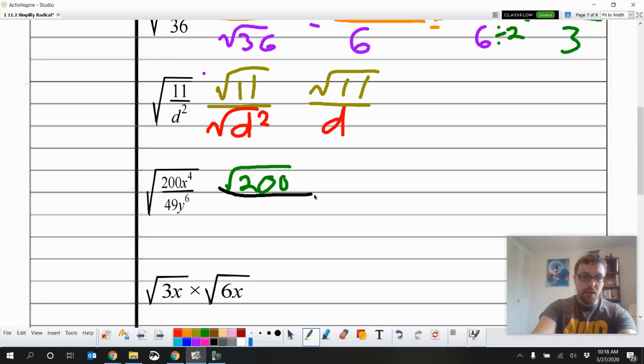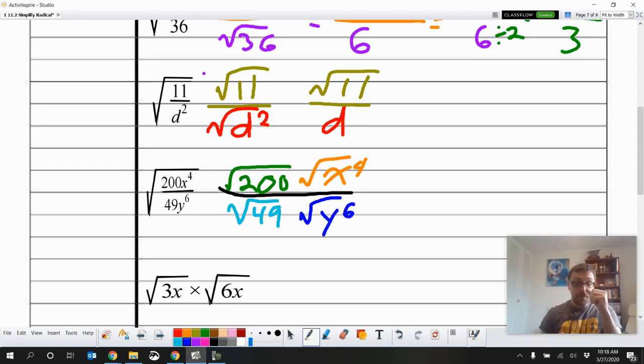I'm just trying to write it. So we've got those two in the numerator. And then in our denominator, we've got 49, and we've got y to the sixth.